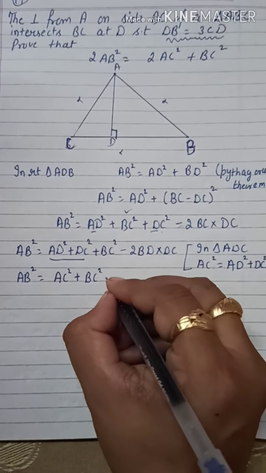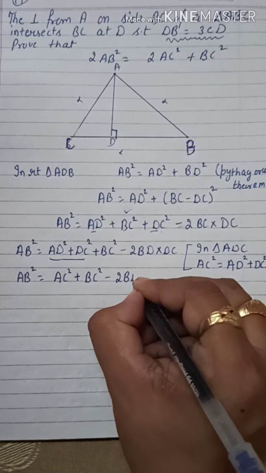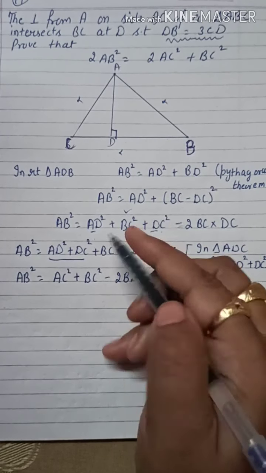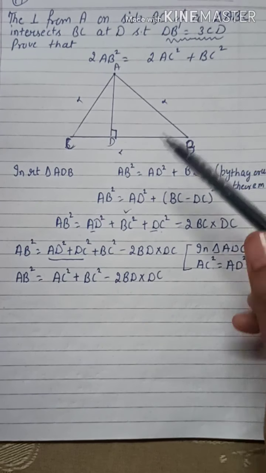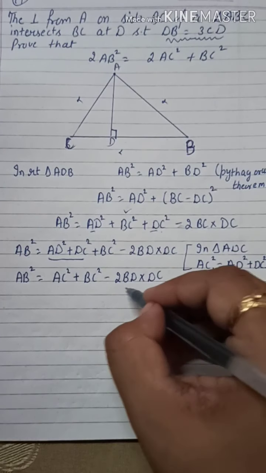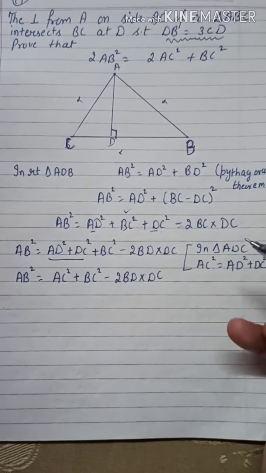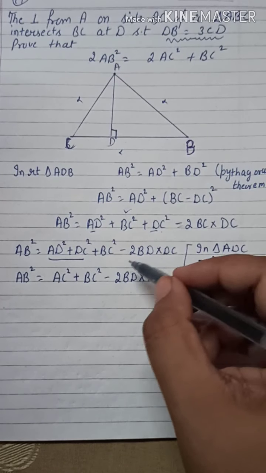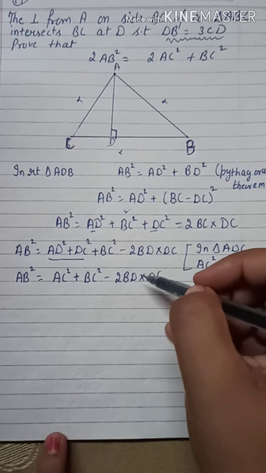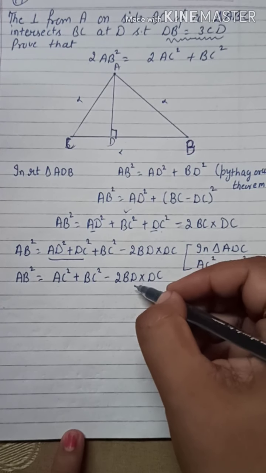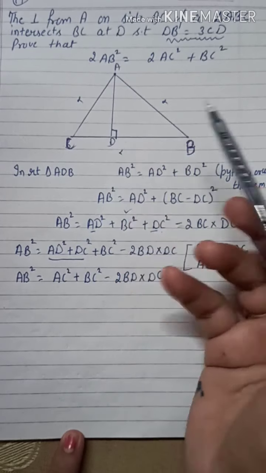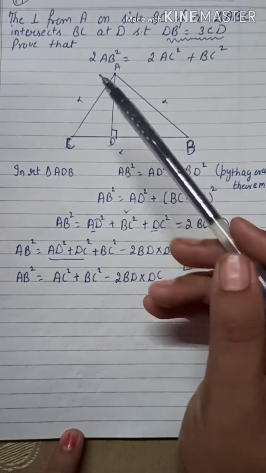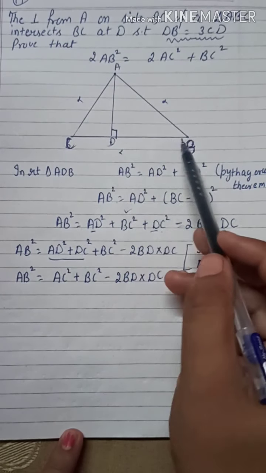I am very near to my proof because AC square and BC square are both in my answer, but there is also the term 2BC into DC, so I want to remove it. BD and DC are parts of BC.